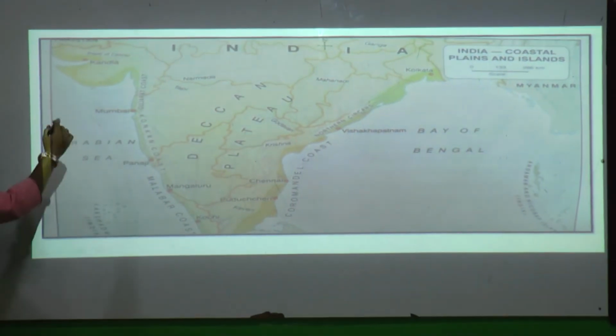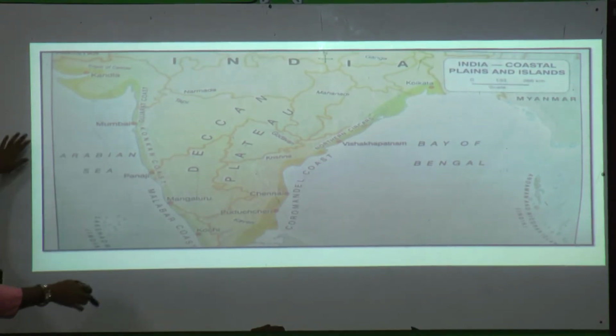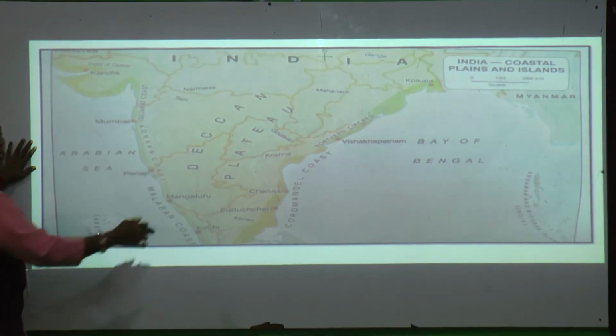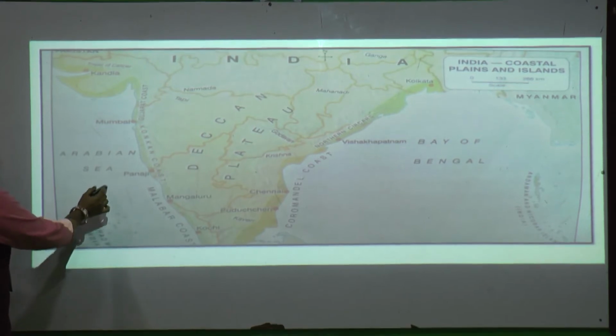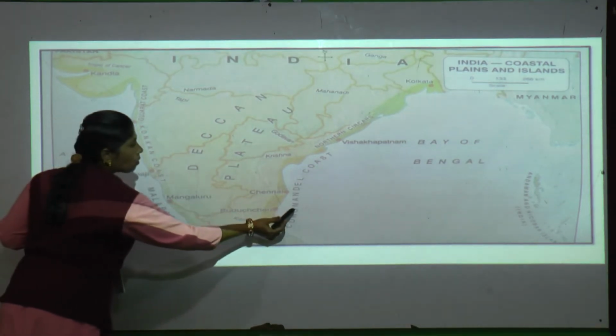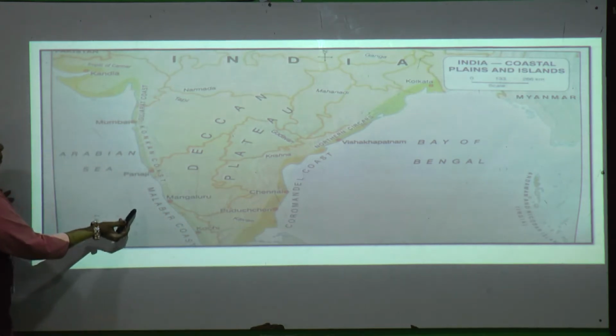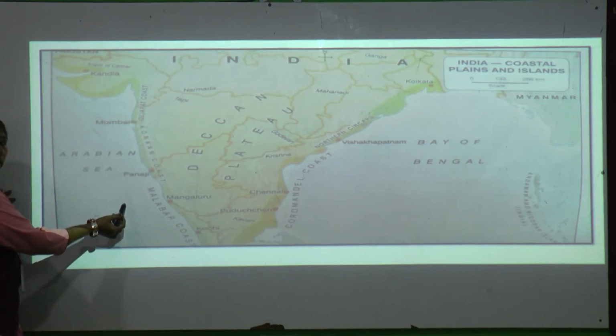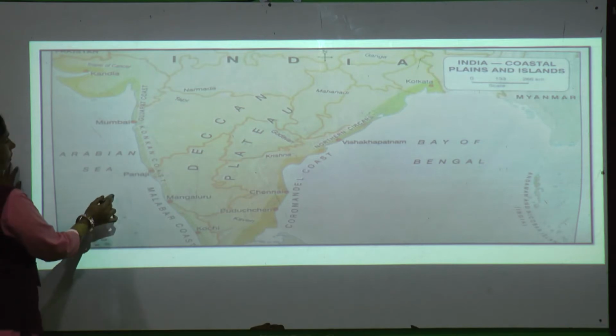So this is our southern part, correct? How is it in shape? It is in a triangular shape. What we have here: this side and this side is the eastern coastal plain, and this side is the western coastal plain. Yes, very good.